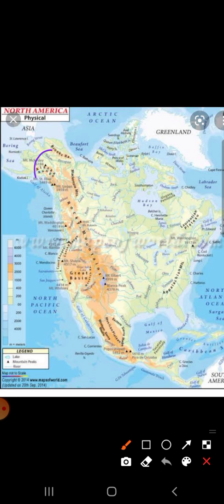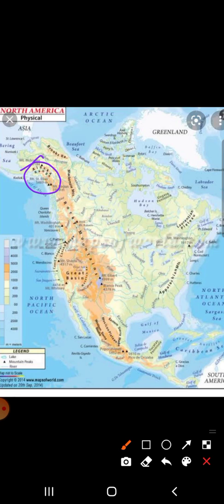It is low towards Alaska and it increases enormously towards Mexico. You can see Mount McKinley here. It is around 6,194 meters high, children. It is the highest peak, and Death Valley is the lowest part in this region.